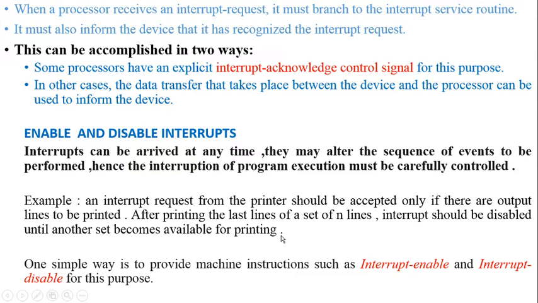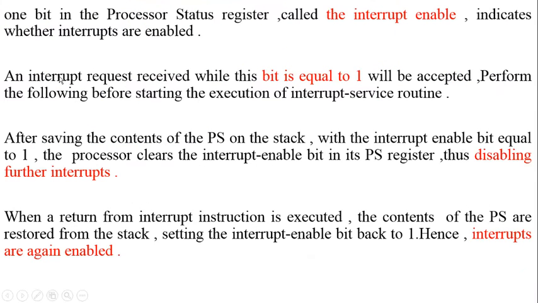So in certain situations the processor wants to enable new interrupt requests, and in other situations it wants to disable further interrupt requests. Here we have a mechanism, using machine instructions, to enable and disable interrupt requests: the interrupt enable and interrupt disable instructions. That is how it works.